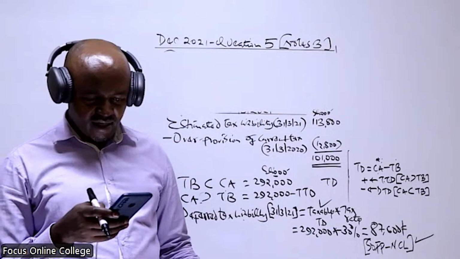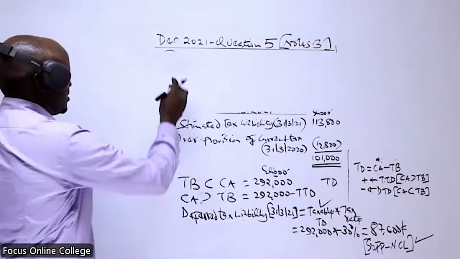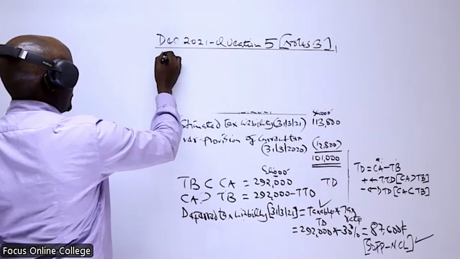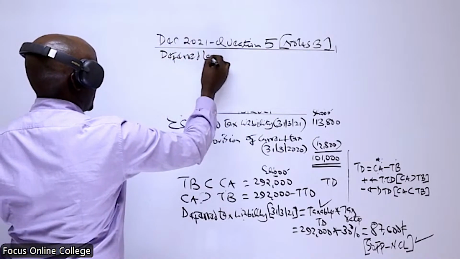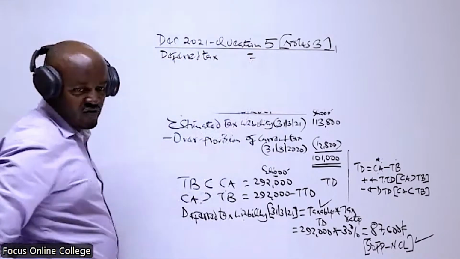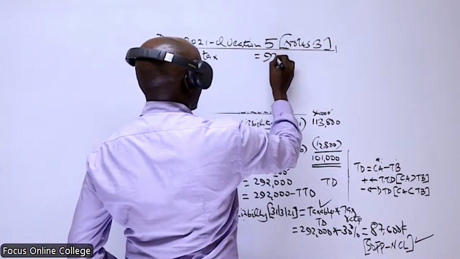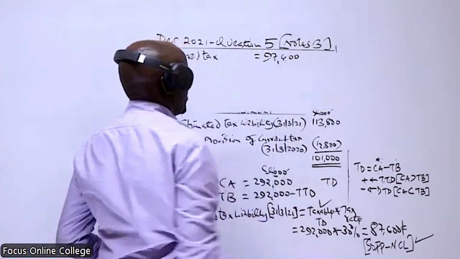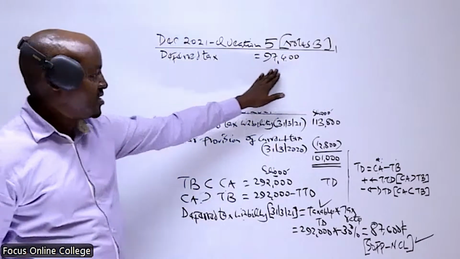How much is it? The deferred tax is an amount of 97,600.